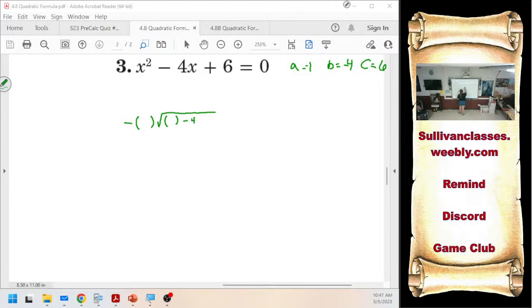Minus B. So since B was a 1, you put a 1 in the parentheses. There you go. B squared, minus 4, 3, negative 4. There you go.